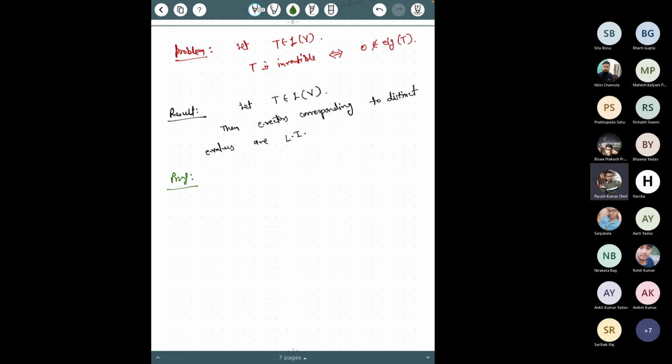I am asking whether these lambda i's are distinct or not. So you are assuming that these are vectors corresponding to distinct eigenvalues. We have to prove that eigenvectors corresponding to distinct eigenvalues are linearly independent.